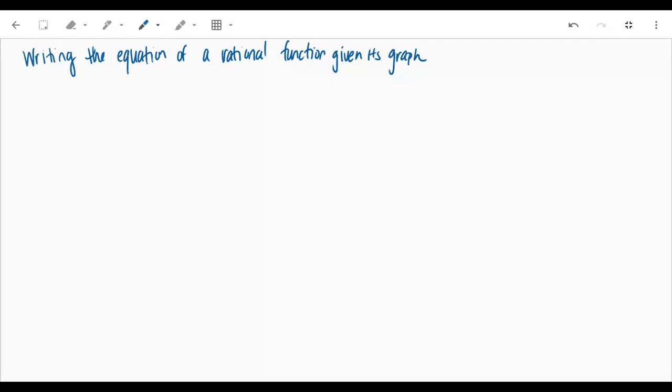So this one's got kind of a lot going on too. It says the figure below shows the graph of a rational function f. It has vertical, well here, let me draw up a function here.